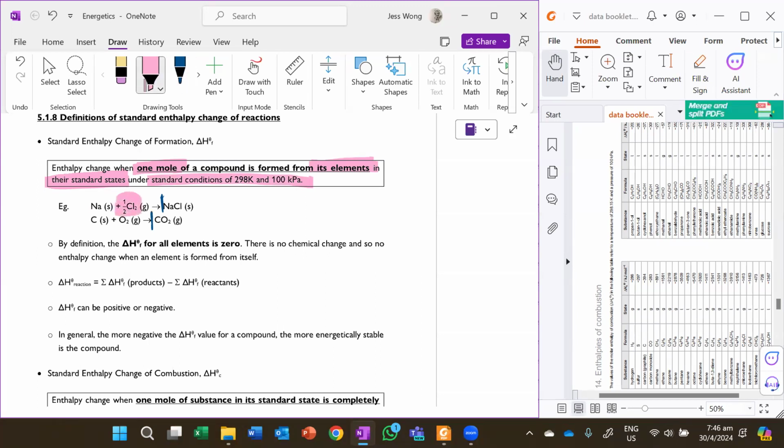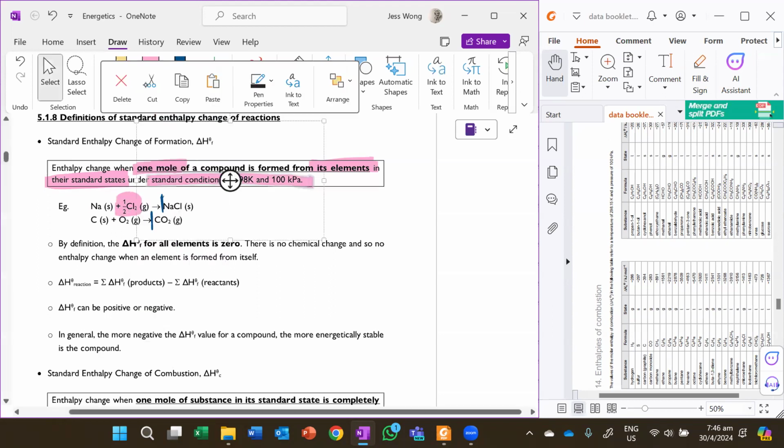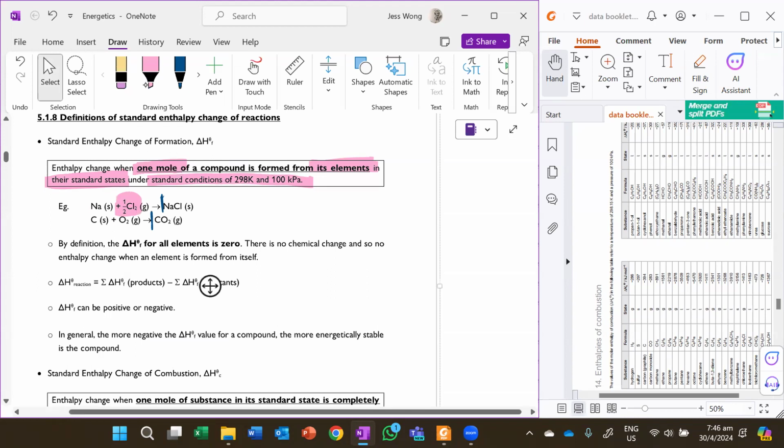You are not allowed to remove the fractions by multiplying by a multiple throughout, because if you do so, it will no longer be 1 mole of sodium chloride. Therefore, it will not represent an enthalpy change of formation, because formation is defined as forming 1 mole of compound from its elements under standard condition.